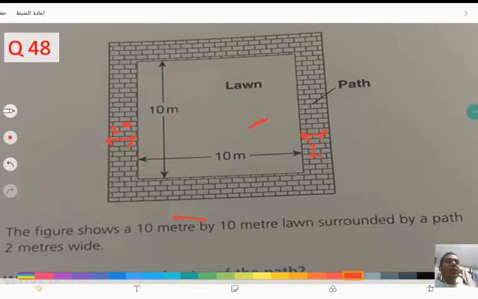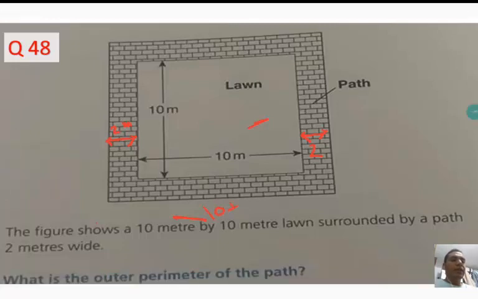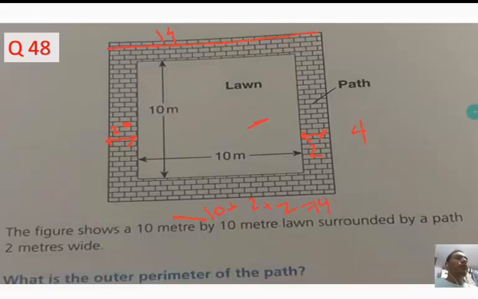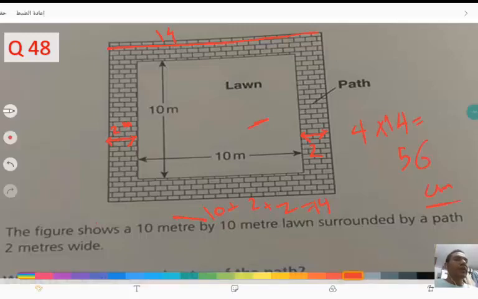So the new side length of the outer path is 10 plus 2 plus 2, which is 14. So this side is 14, which makes it easy to find the perimeter. 4 times 14, which is 56 centimeter.